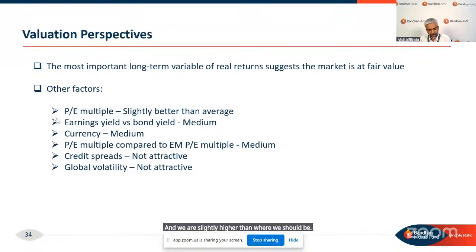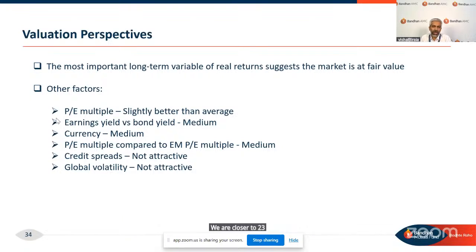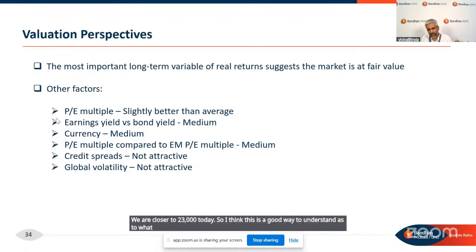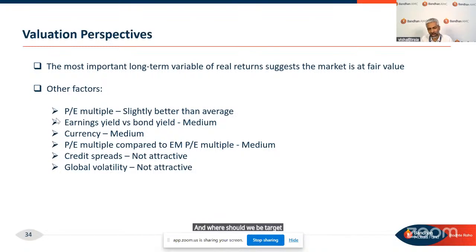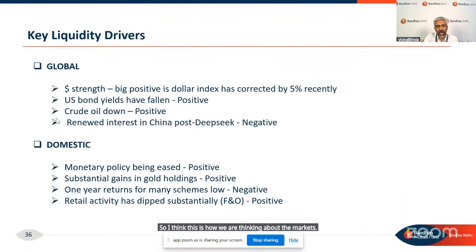And if you consider March 27 EPS, which should be the case in March of 26, we should be closer to 26,000. We are closer to 23,000 today. So I think this is a good way to understand what is the reference point. Are we expensive or cheap, and where should we be going? So I think this is how we are thinking about the markets and valuations.